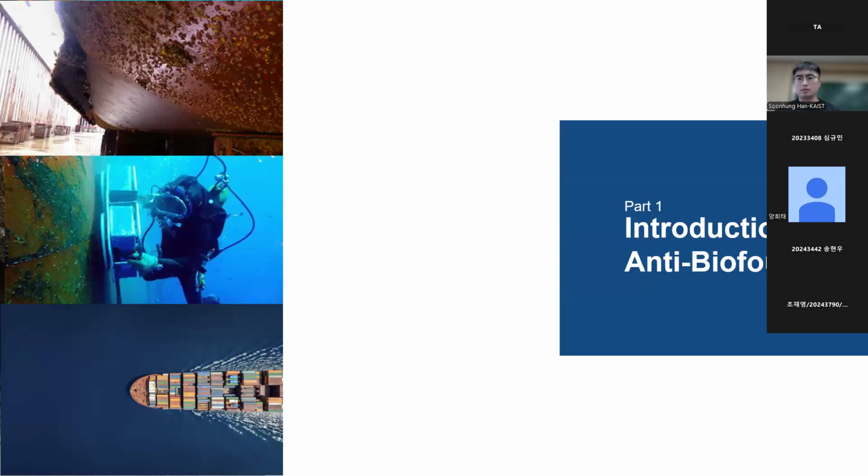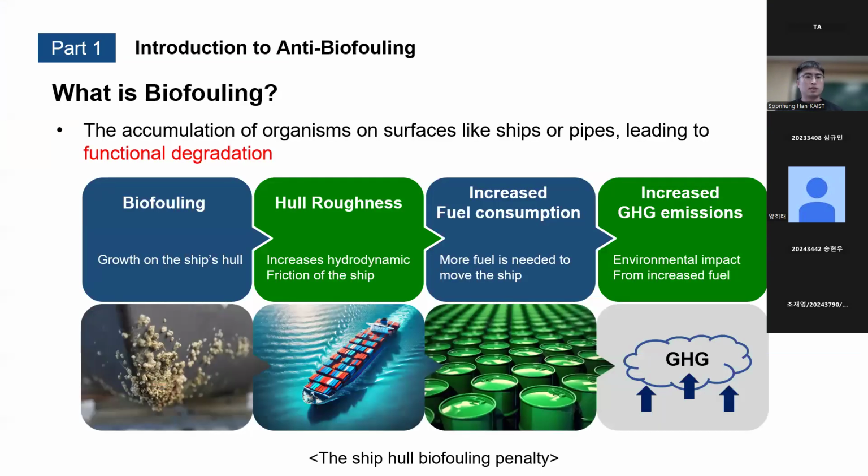First is the introduction of the antifouling problem. Let me first talk about what biofouling is. Biofouling is the accumulation of organisms on surfaces like ship hulls, pipes, and propellers, leading to functional degradation. Fouling caused by biofouling occurs on the ship hull, increases hull roughness, and leads to increased fuel consumption and increased GHG emissions.